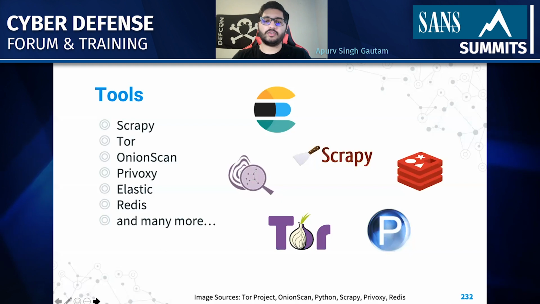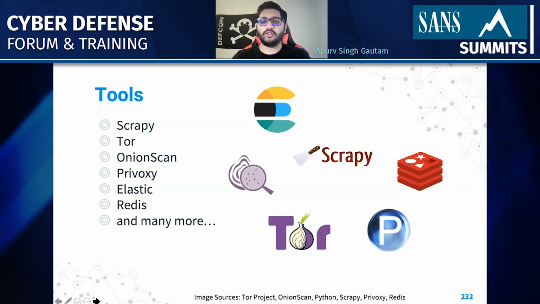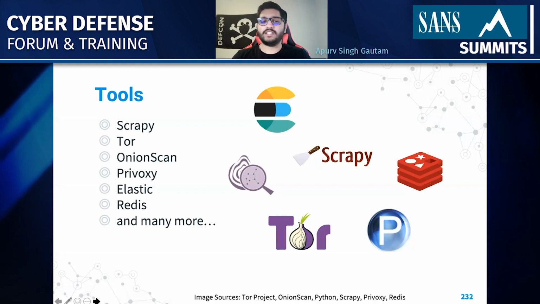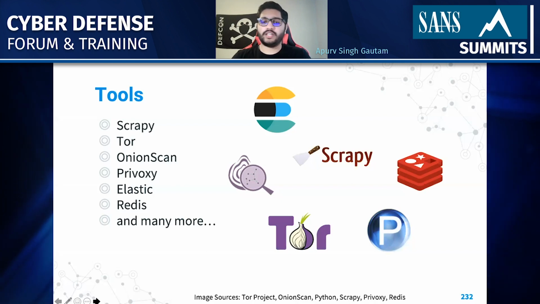Coming to privacy, you should always access the dark web through some proxy or VPN, because either your ISP might have blocked Tor nodes, or just for an extra layer of protection. So you use some kind of SOCKS proxy or VPN. There are different tools like tsocks, Polipo, Privoxy, etc. I've been using Privoxy. You can use any tool to route your Tor traffic through a SOCKS proxy.